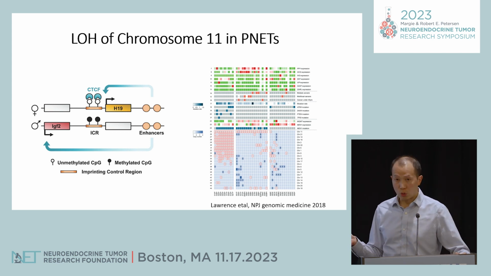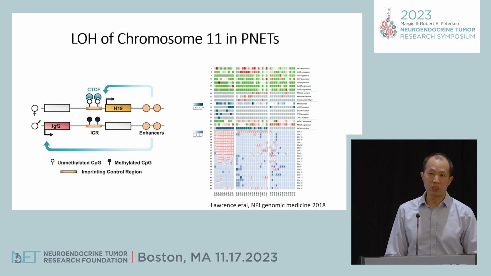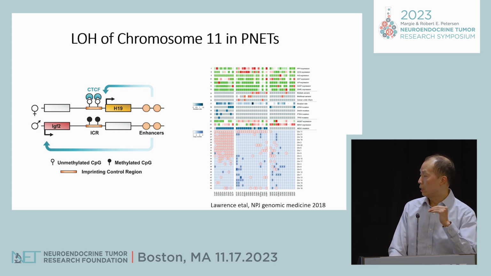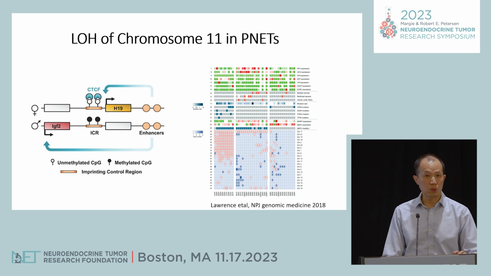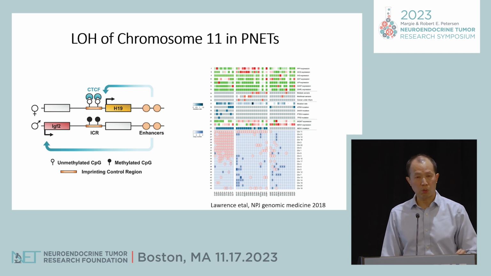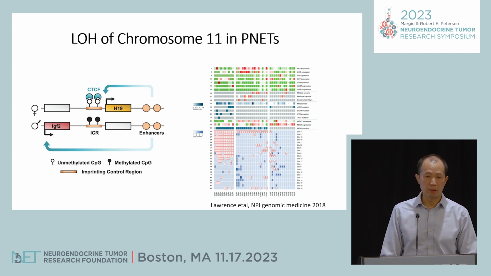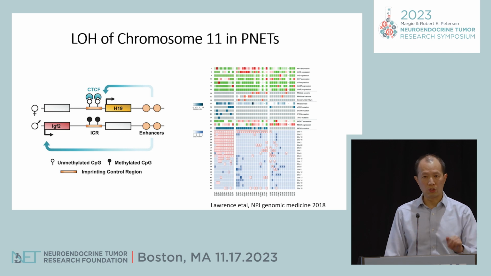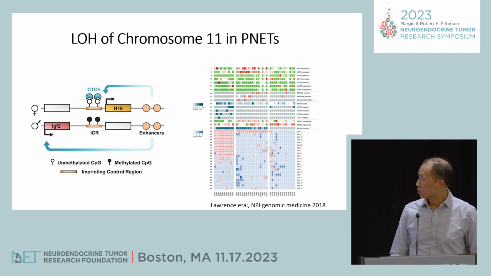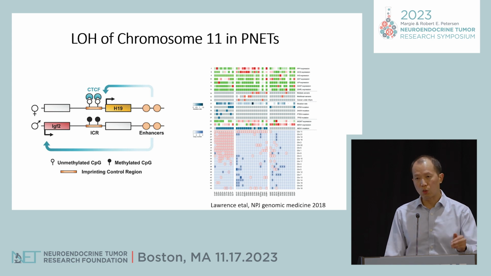But IGF2, moreover, is known to be an imprinted gene, so it's only expressed in the paternal allele and not the maternal allele, and it's thought to be expressed primarily in the fetal stages of life and not in adult tissue. So what could be happening is the early mutation of MEN1 with a loss of chromosome 11.